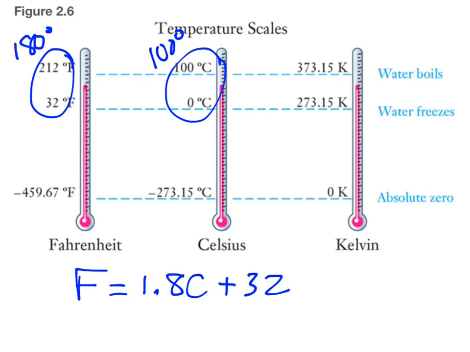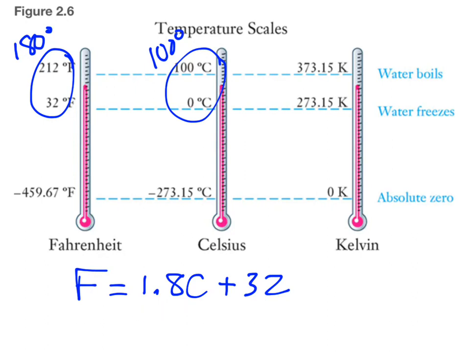So what we're saying with this 1.8 is that for every 180 degrees on the Fahrenheit scale, that's equivalent to 100 degrees on the Celsius scale. So if you just divide those, 180 divided by 100, that's where you get this 1.8.